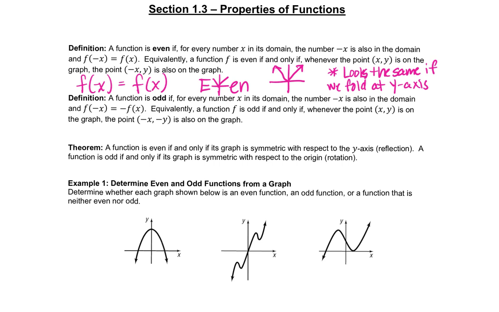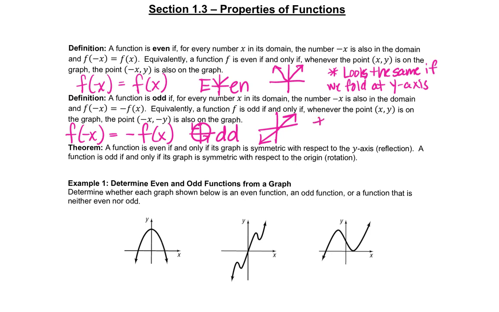It will be an odd function if, when you plug in the negative x, you get negative f of x. So all of the signs will change in your function. And I'm going to show you what this looks like, so just hang tight. So these are examples.